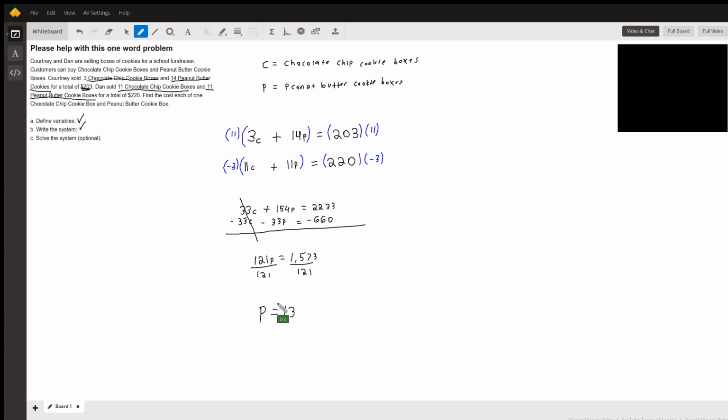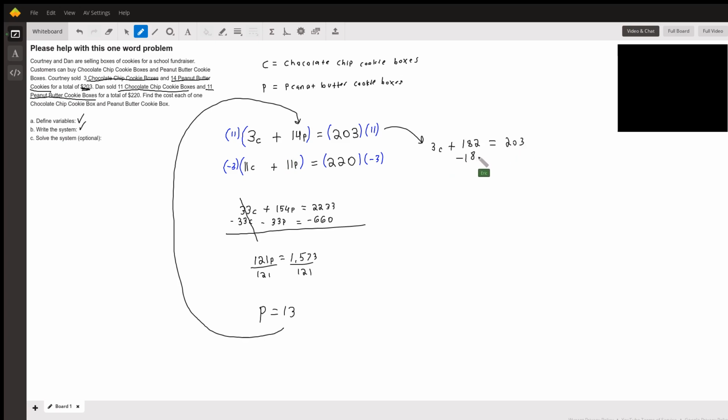So now that we know that p equals 13, we can plug in 13 for p in either of the original equations. Let's just go with the first equation here. We have 3c plus 14 times 13. Do that on my calculator quick. That should be 182, equals 203.